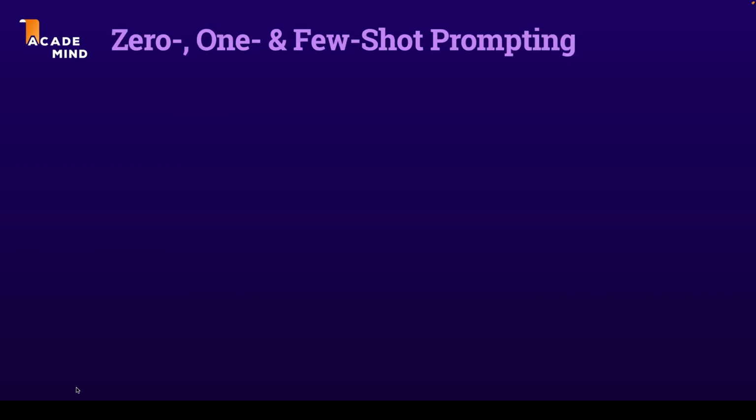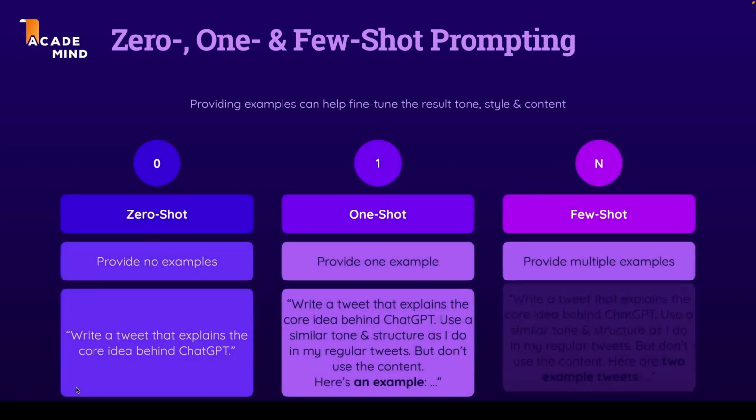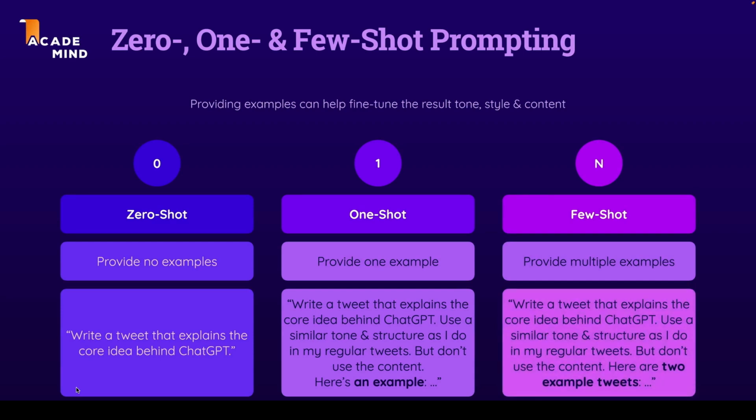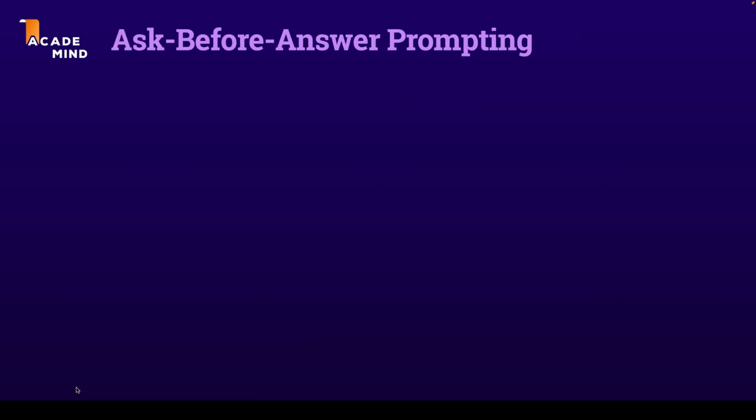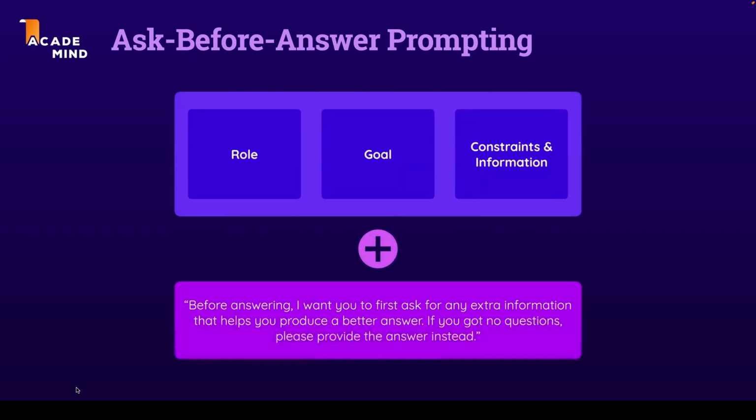You then learned about different tricks and prompting techniques you should be aware of, like zero, one, or few-shot prompting, which in the end simply means that you could add extra examples or templates that should be used by ChatGPT to your prompts. You learned about ask before answer prompting, which can be very useful since it gets ChatGPT to tell you which extra information might be needed.